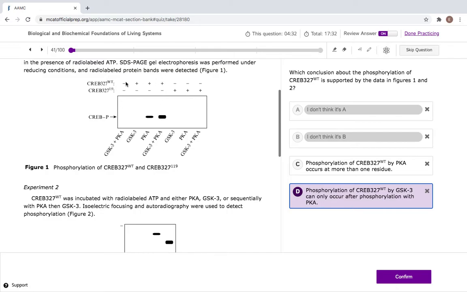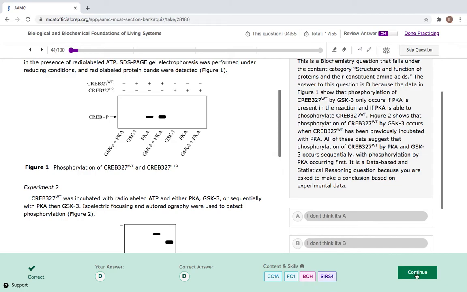So we're looking at these over here. This is the 119. Yes, this is a very good answer. This is no phosphorylation. And then when we have PKA, we do get more phosphorylation. So this is very supported. So I'm going to go with D.